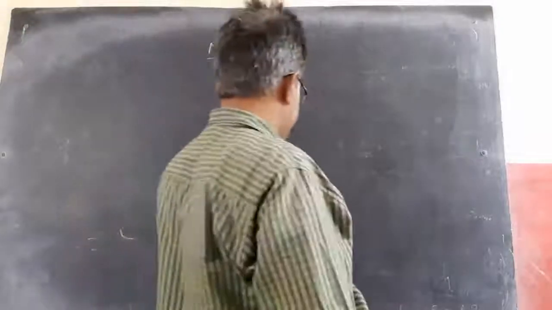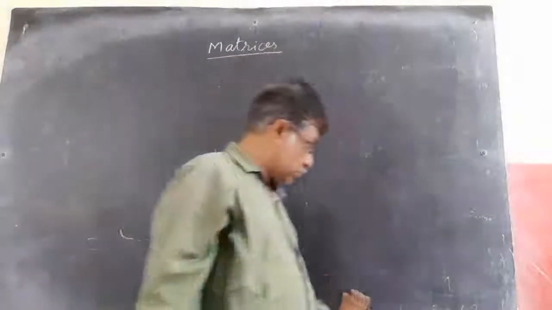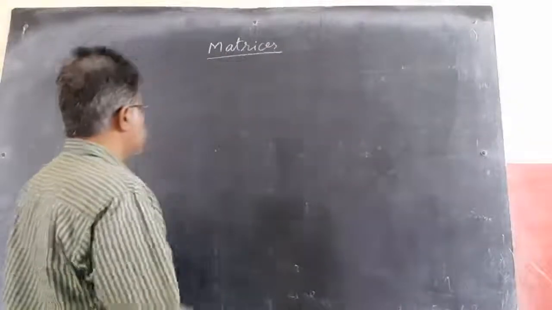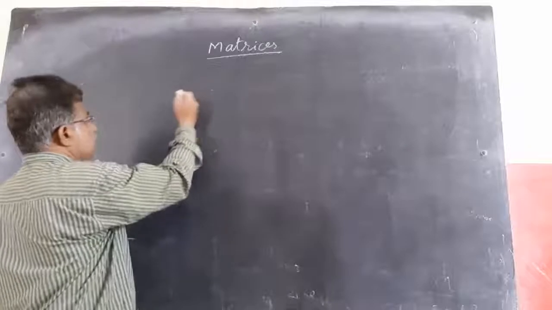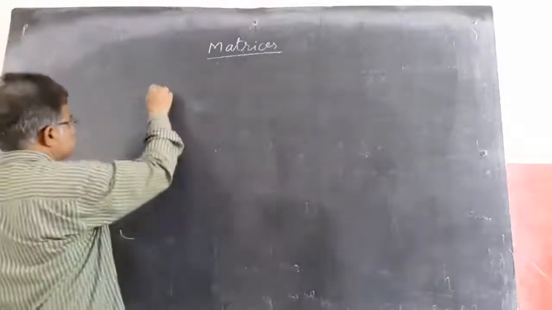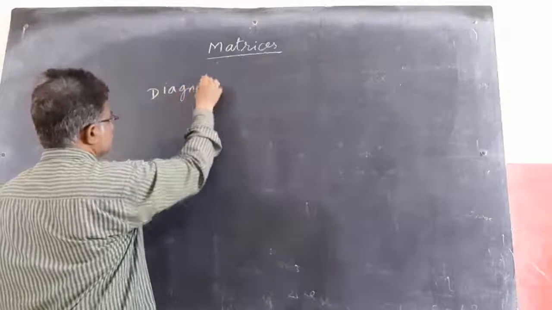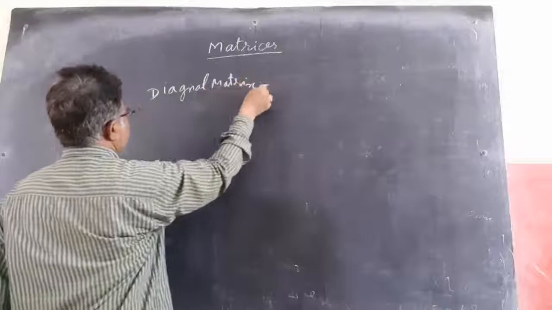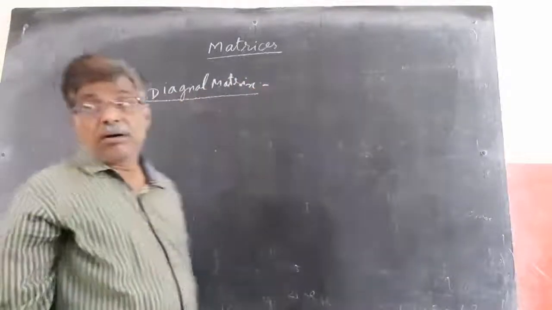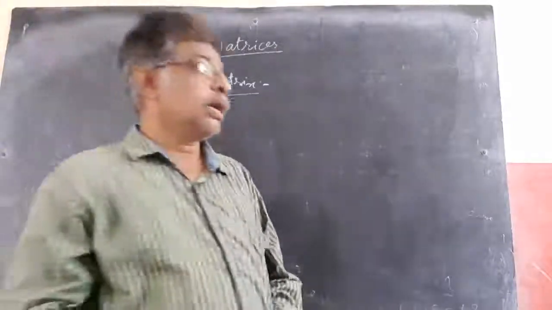Next, in a square matrix, first of all, we will discuss the diagonal matrix. What is a diagonal matrix?